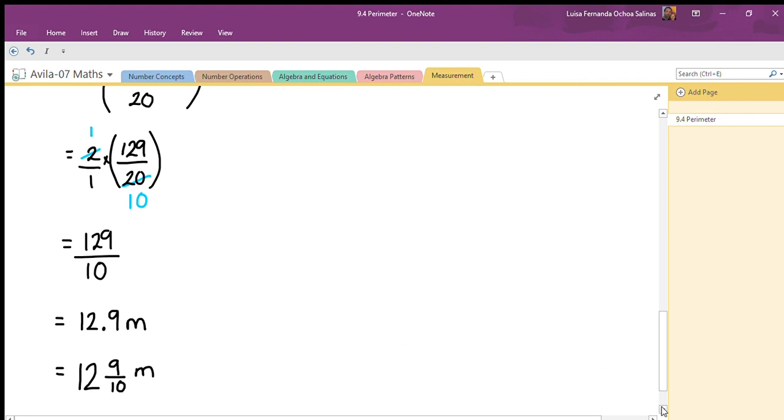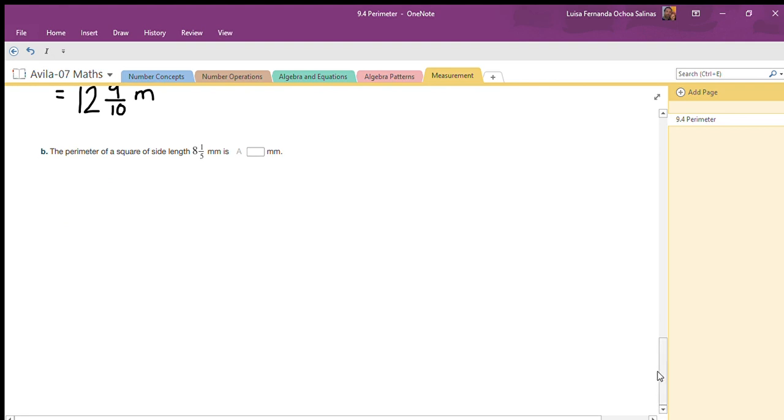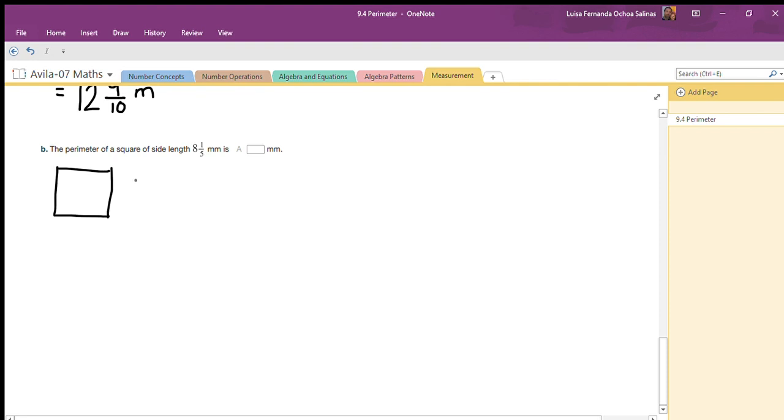For the second one, part B, it says the perimeter of a square of sides 8 1/5. If I draw it, I have a square and each side is 8 1/5 millimeters.